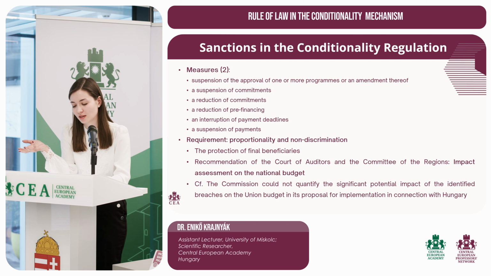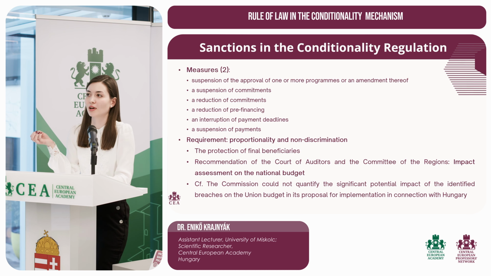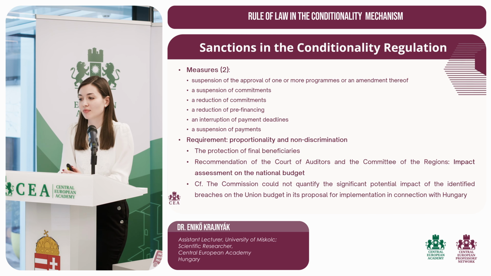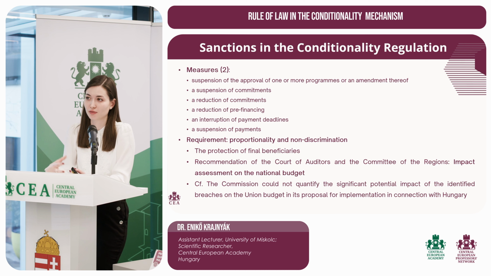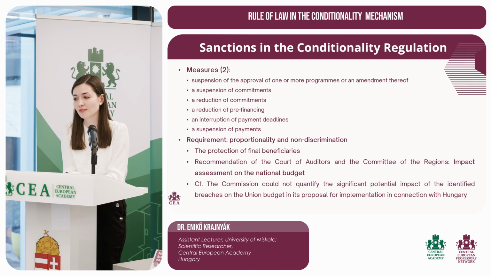The preamble of the adopted regulation states that the final beneficiaries' interest should also be taken into consideration when making the sanctions. In my opinion, it's interesting why there isn't more emphasis on the protection of the final beneficiaries, given that they have nothing to do with the rule of law situation in the given country.